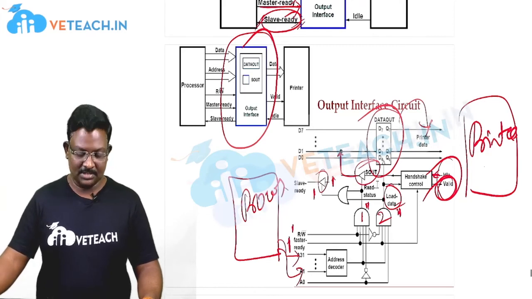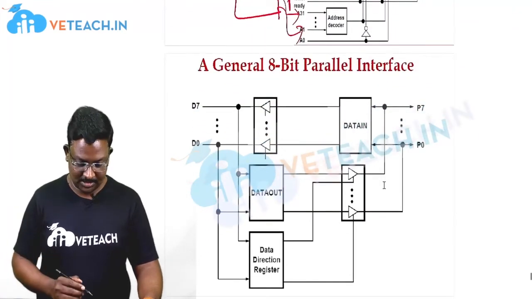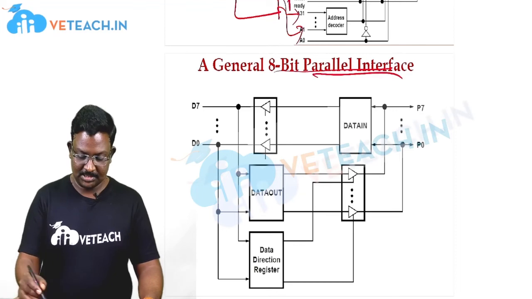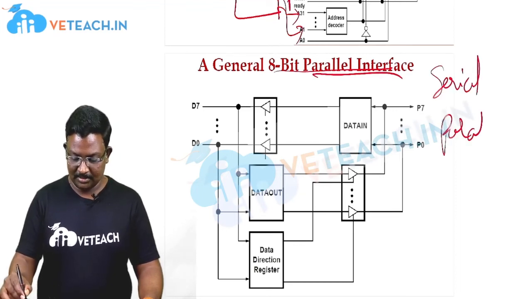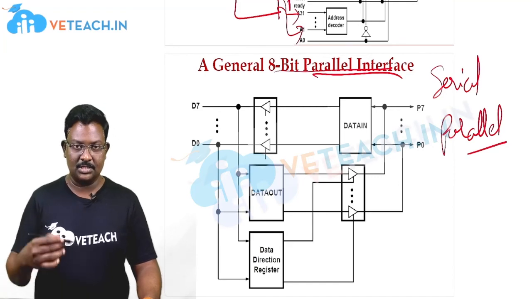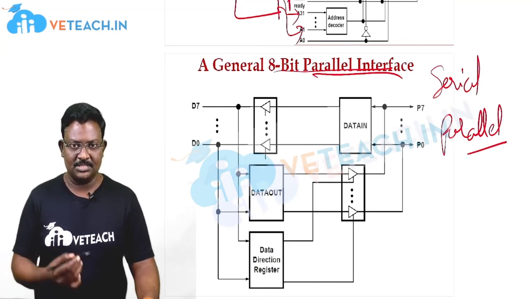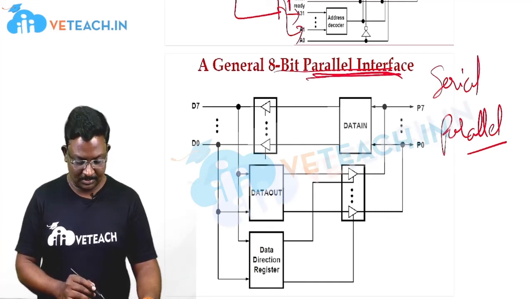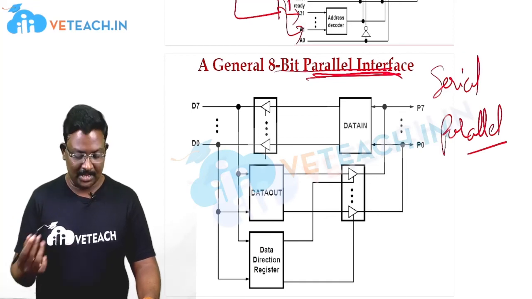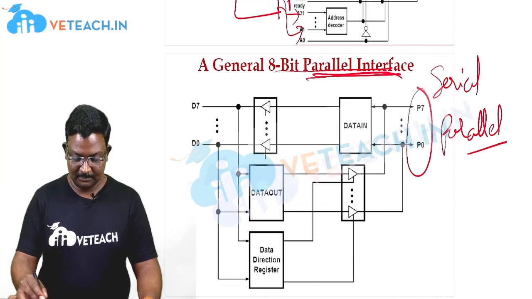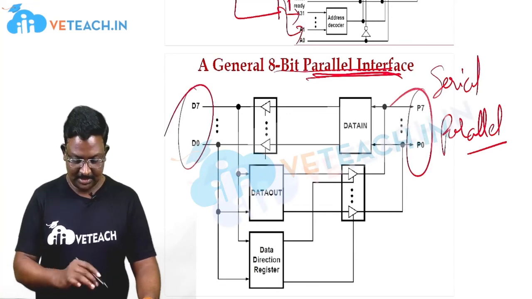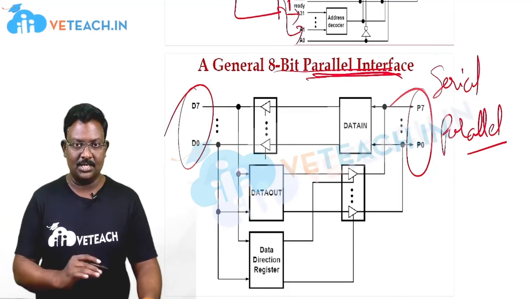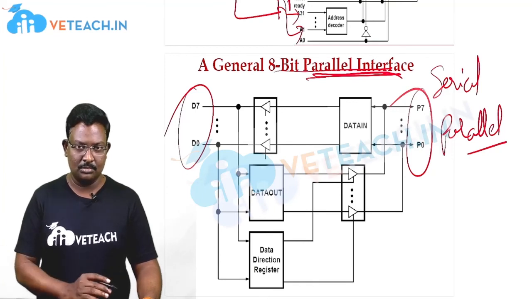Okay students, we will see the last one. In the interfaces, the data transfer may be done in two ways: one is serial and the other is parallel. Whatever we have discussed till now in the previous topics may be considered serial data transfer, but we also have parallel interface circuits, where the data will be transferred in parallel. Here we can see the data from P0 to P7 as D0 to D7, and we can perform the data transfer in a parallel manner, meaning at a time placing the data from sender to receiver or from receiver to sender.